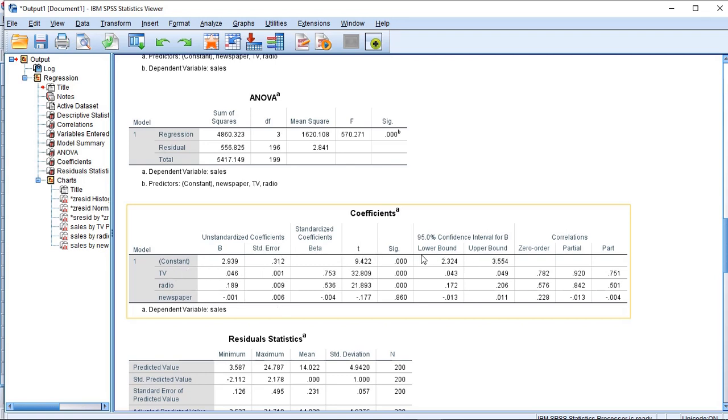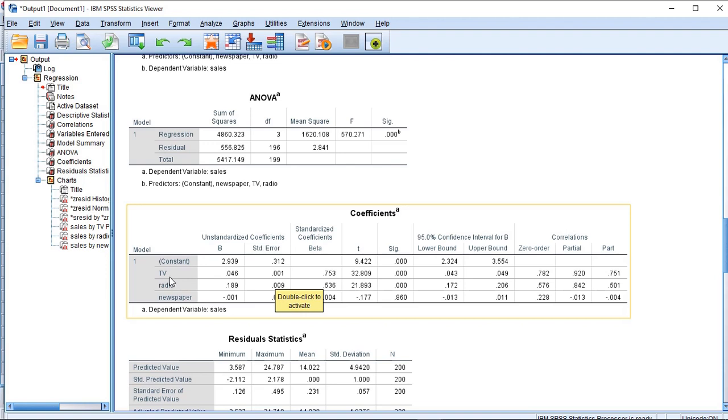We also have the 95% confidence interval for each and every variable. So as you can see, these are the variables that we are using to predict the sales.